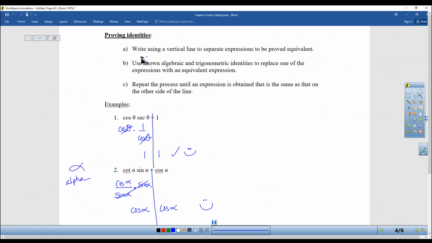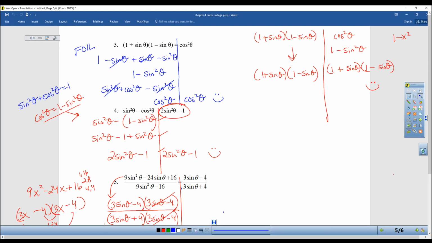And then here were the steps. I guess I only talked about step 1, but use a vertical line to separate. Use your known algebraic and trigonometric identities to replace something with an equivalent expression, like secant is 1 over cosine, and just keep repeating that process until an expression is obtained that is the same as on the other side of the line.